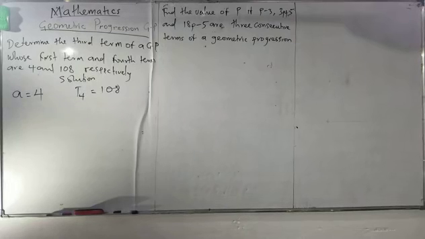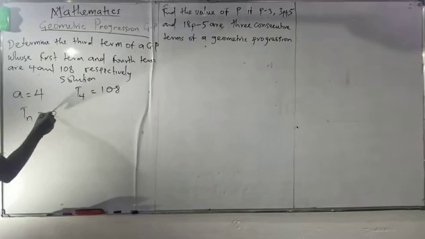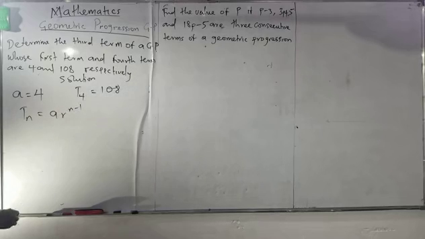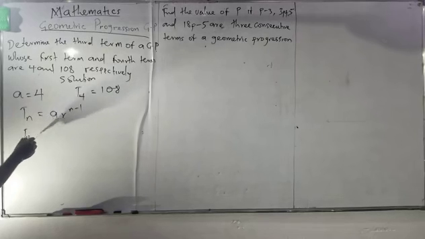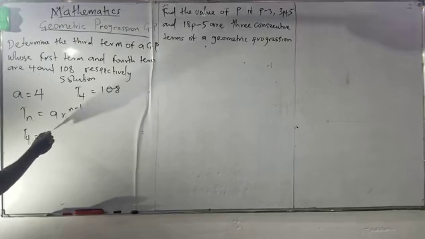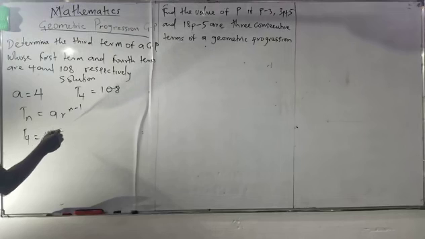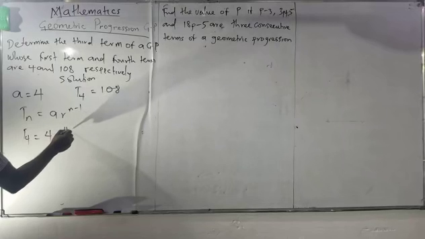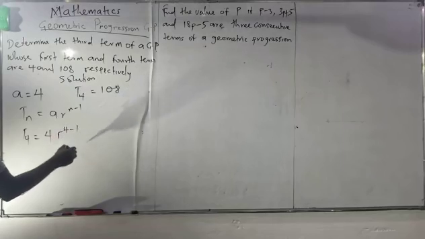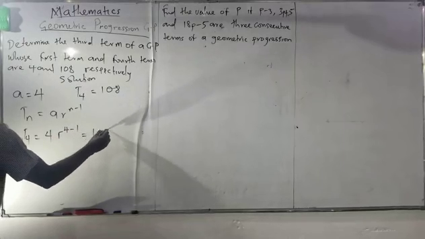Now, the next thing I will do, don't forget that T of n equals A R to the power n minus 1. It means I'm talking about T4 equals 108. So T4 equals 4 R to the power 4 minus 1 equals 108.